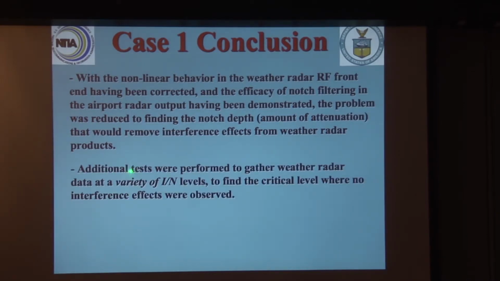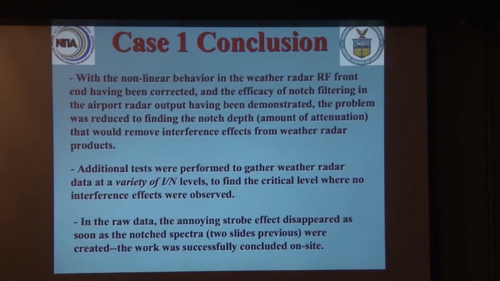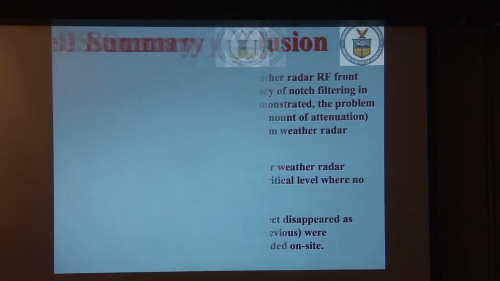We did do additional tests that I'm not going to go into here to gather weather radar data at a whole variety of interference noise levels by changing the notch depth so that we could find a specification for that notch filter for the air traffic control radar that would satisfy the sponsor. But the annoying strobe effect always disappeared as soon as we put a notch onto the air traffic control radar and got that limiter into the right place.